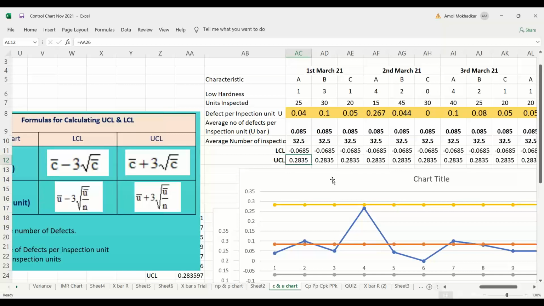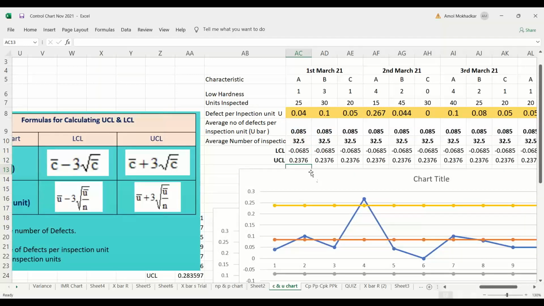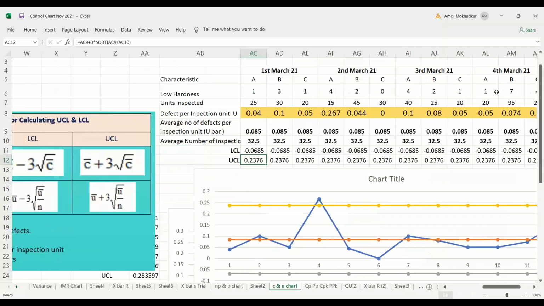Again, for the UCL you are going to use U bar plus 3 into square root of U bar divided by number of inspection units. So 0.2376. It has changed from the earlier because I had changed this data to 95, no? That's why it has changed.